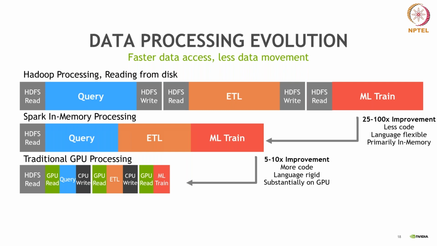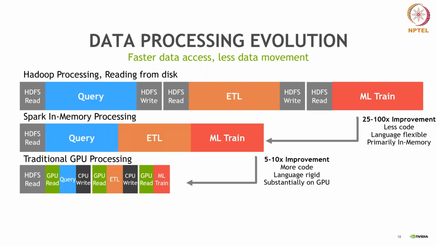There were innovations to make sure the query, ETL, and ML train pipeline is also put on the GPU. So rather than doing a normal query, ETL or ML train, you do an HDFS read, which means you read from the file system, but then after that transfer that data to the GPU using the GPU read functionality.